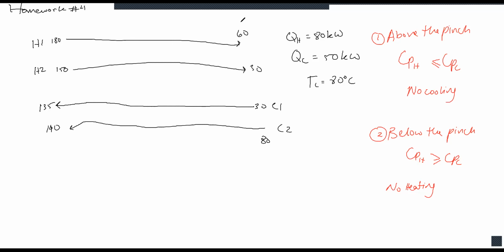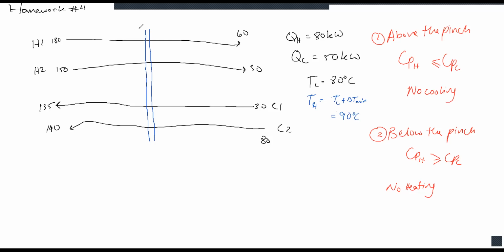Step 1, we said we're going to sketch them. Step 2, I'm going to draw 2 lines for the pinch point, right? And I'm going to write the pinch temperature. Because your cold pinch is 80, your hot pinch will be your cold pinch plus delta T minimum. In this case, delta T minimum was 10, so our hot pinch was 90 degrees Celsius.